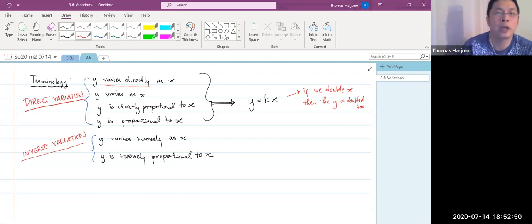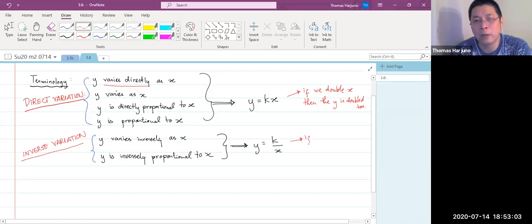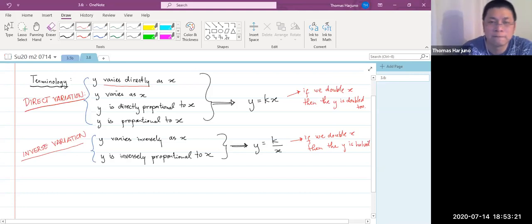Okay, but if we have inverse variation, it means y equals k over x, which means if we double x, then the y is half. The other way around.